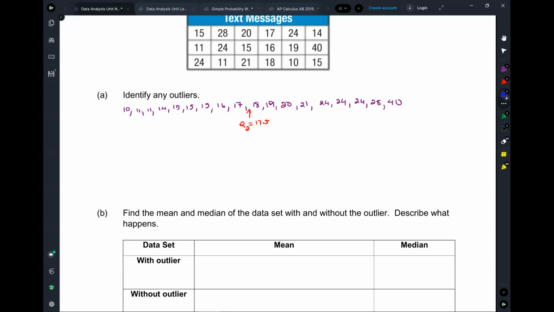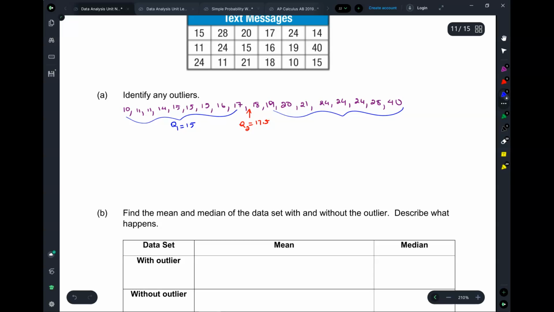Let's go with Q1 first. 15. Q1 is 15. And then what about Q3? 24, yeah. Because the repetitions happen right there, you're going to take the average, so it's easy.